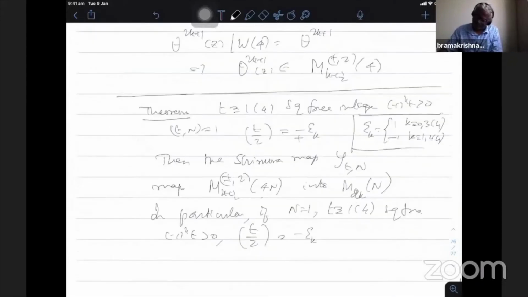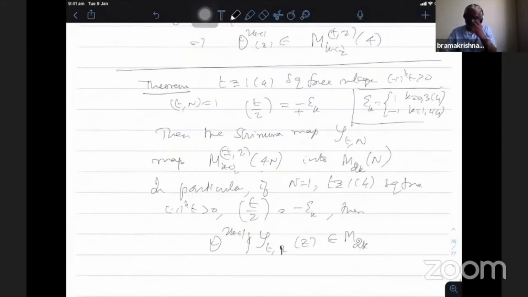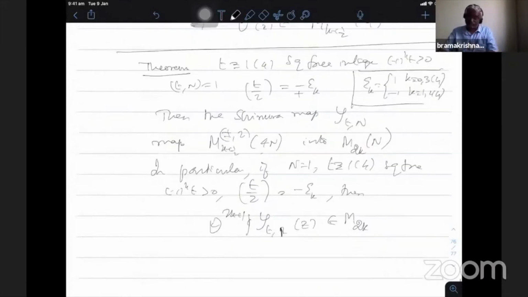Then we take theta^{2k+1}, and S_t of it, S_t(theta^{2k+1})(z) belongs to M_{2k}, where capital N is 1. Okay, so when I take the t-th Shimura map for this particular t satisfying this condition, depending on the parity of k, this theta^{2k+1} is mapped to modular forms in the full modular group.